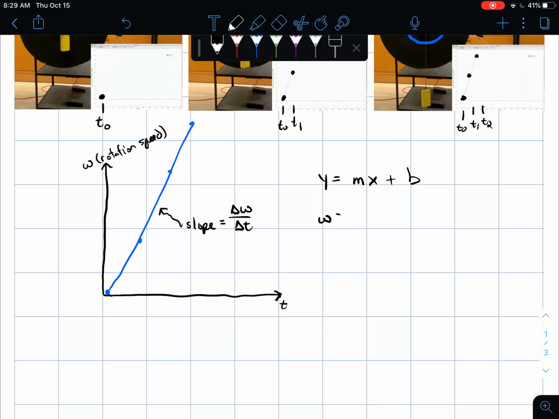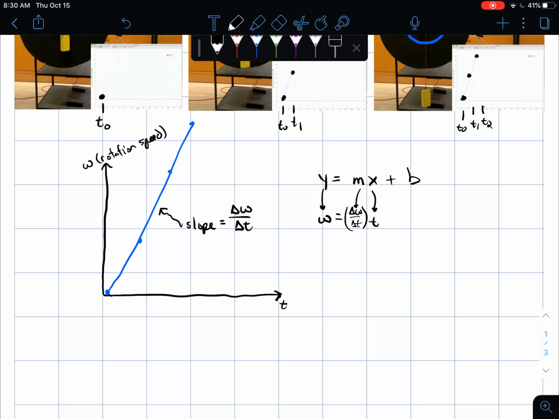So y becomes omega. Our horizontal axis, which is no longer x, is time, so this is t. The slope we just wrote right here: the slope is delta omega over delta t.